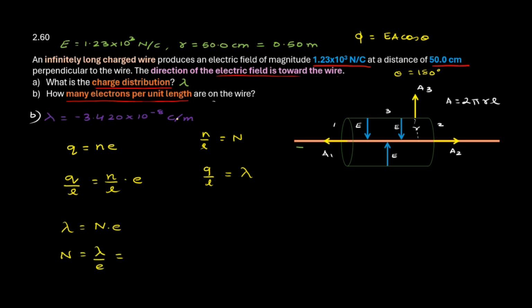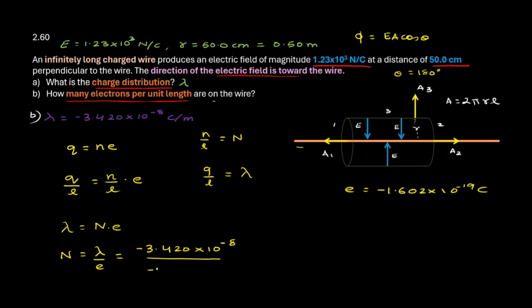So lambda we calculated from part A to be equal to negative 3.420 times 10 to the power negative 8 coulomb per meter over E, where E is the elementary charge, and E for an electron is negative 1.602 times 10 to the power negative 19 coulomb.